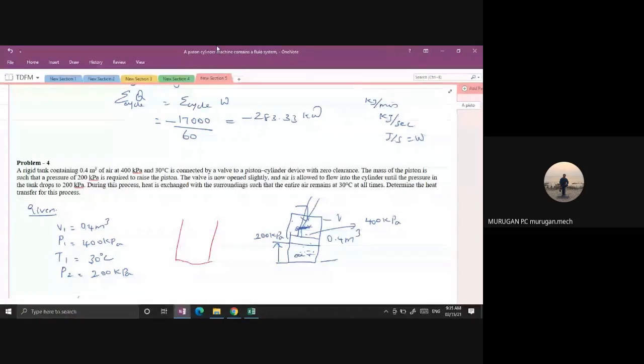Zero clearance means that up to this position only the piston can travel.